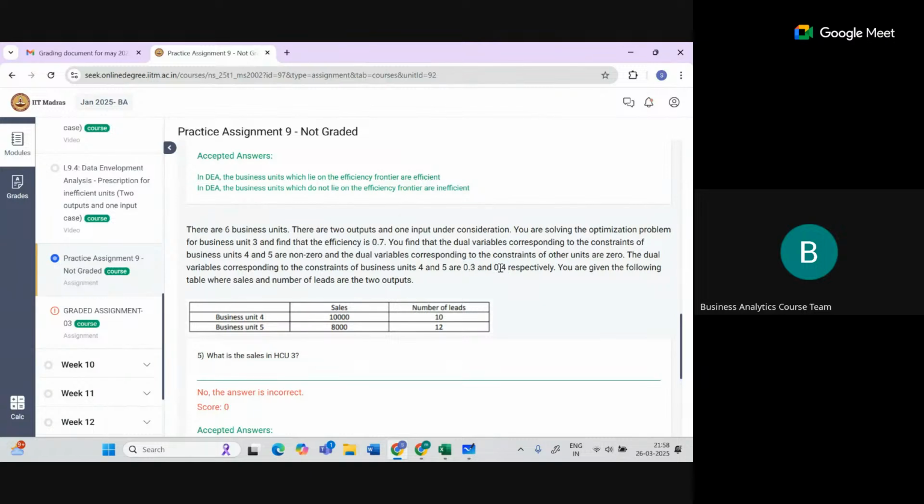If they don't add to 1, then most of the time they add up to the efficiency, the output. So 0.3 and 0.4 add up to 0.7.